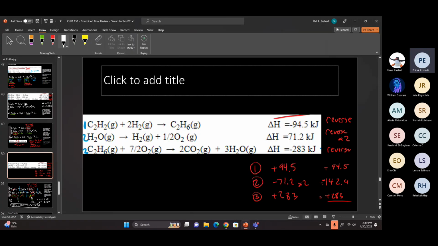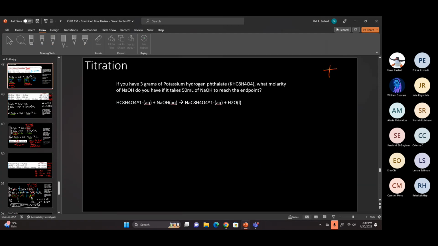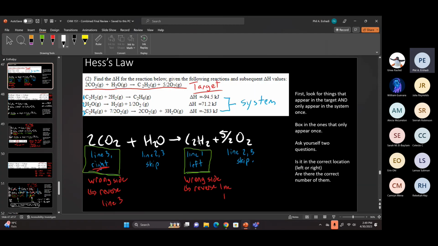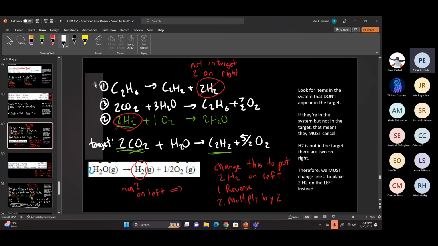But look at all the stuff we had to do to make it work. We basically had this first step where we figured out stuff that appears only once in the system, and that's going to take care of most of your work. Just by doing the first two operations, we locked down line 1 and line 3. It was line 2 that was the hard one, because we had to figure out how to manipulate it to get it to cancel properly.